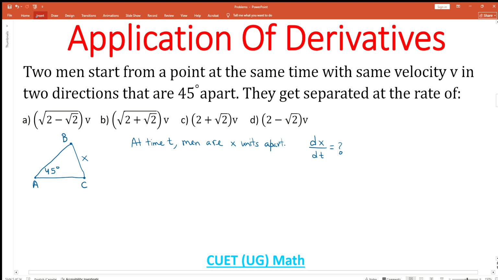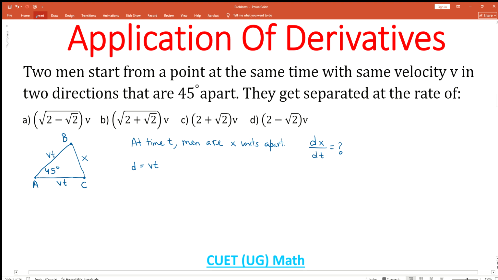We are given that both men move with the same velocity v. We can use the distance formula to calculate the distance from A to B and A to C. In time t, the distance from A to B and A to C is equal to speed times time, or v times t.